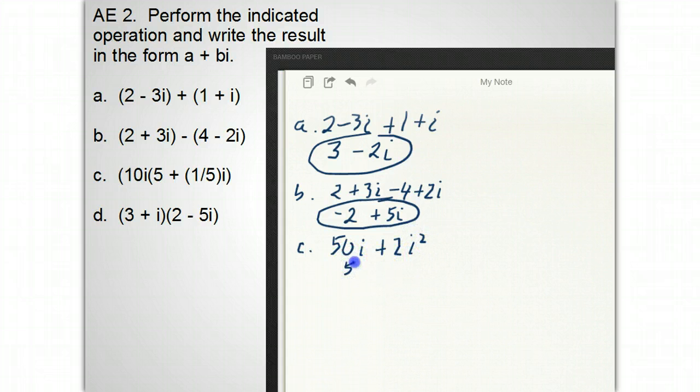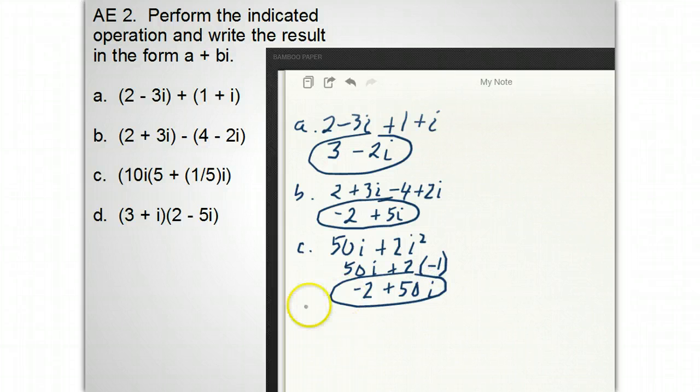So we write this as 50i plus 2 times, and i squared is equal to negative 1. So it's 2 times negative 1. I'll write the real number part first. That's negative 2 plus 50i. And there is our product of those two numbers.